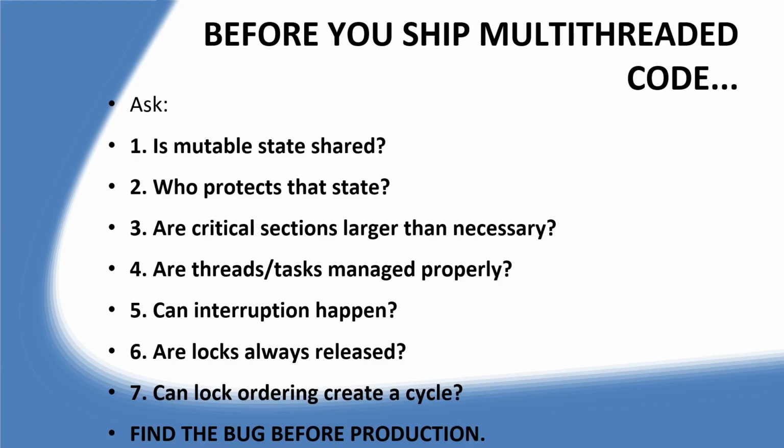Are explicit locks always released correctly? We have seen how to release them using a finally block. And if multiple locks are involved, can their acquisition order create a circular dependency? If you ask these questions during design and code review, it is much easier than debugging a rare concurrency problem in production. So we can find the bug before production.